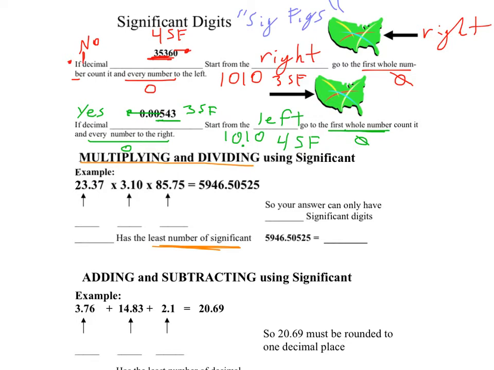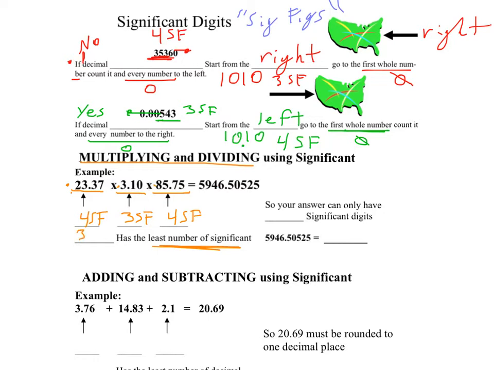So in this first example, notice I do have a decimal place, so I'm going to start from the left, start at the first whole number, and I have 4 total. I do have a decimal place, start from the left, first whole number, 3 total. And I do have a decimal place, start from the left, first whole number, 4 total.